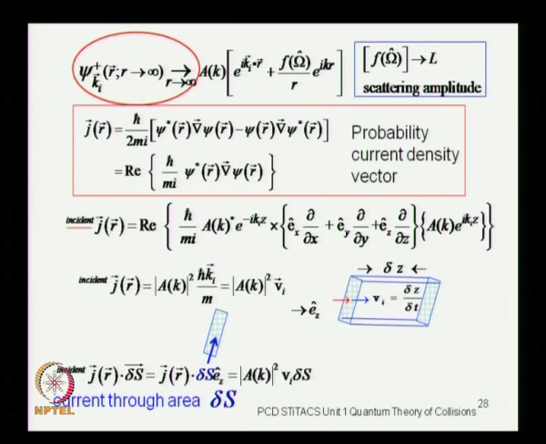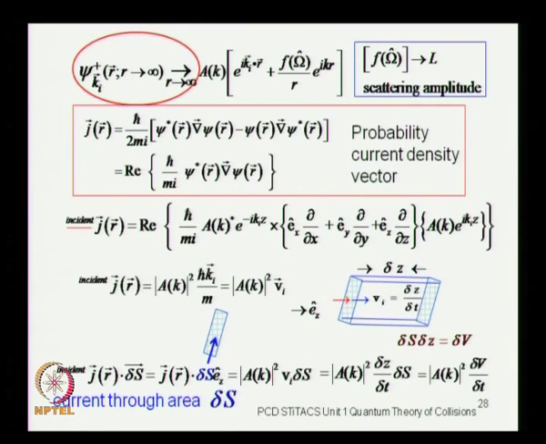So, when it is incident on the first surface in a direction along positive Z axis at a velocity Vi, which is delta Z by delta T, in time delta T it will sweep a certain volume, which is what you see in this figure, and this incident current through the area delta S you can now write as Vi written as delta Z by delta T, but delta Z multiplied by this cross section area delta S is actually the volume.